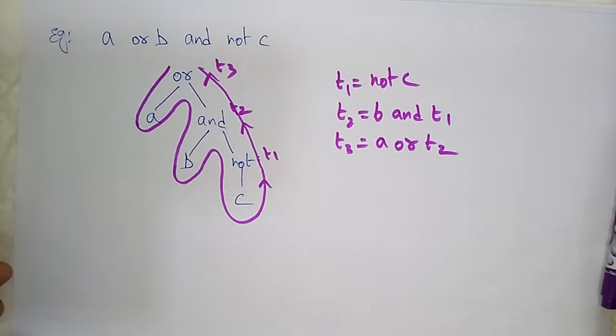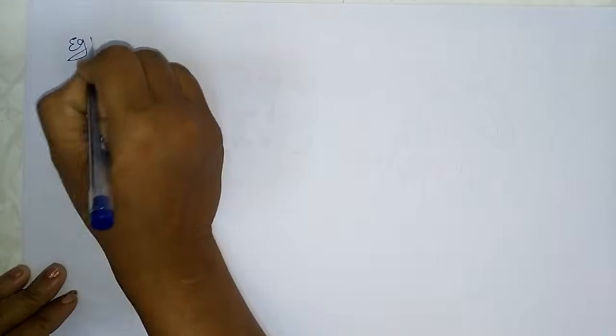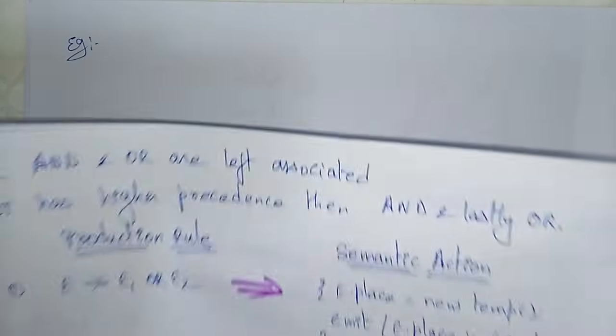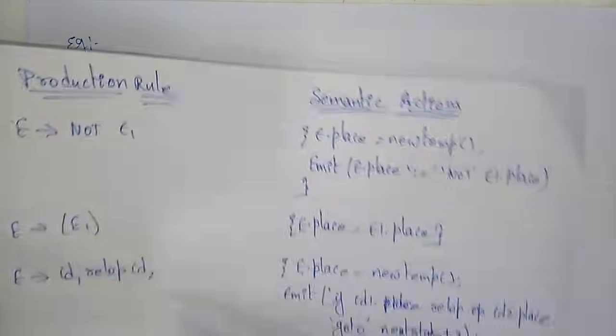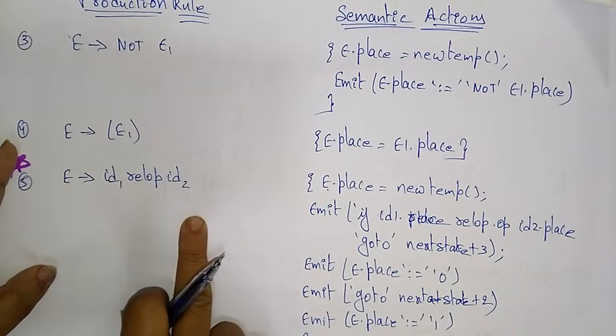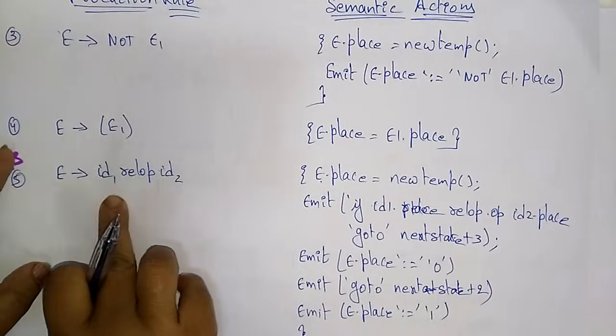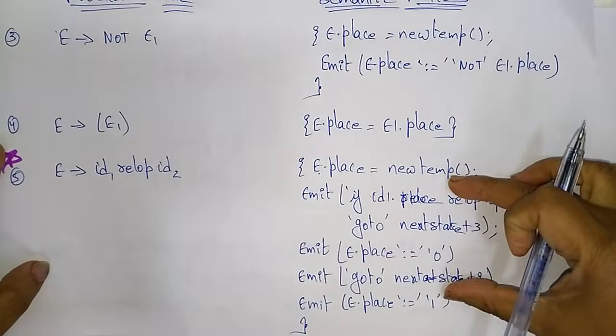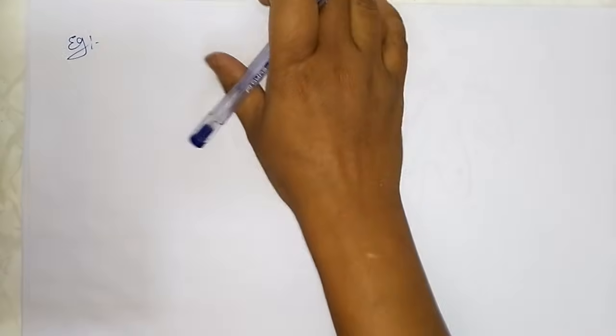Let's take another example. In this example, let's take the relational operator. So what is the relational operator production? The relational operator production is E determines ID1 relational operator ID2. So if the production is like this, this action has to be performed. Let's see this action.